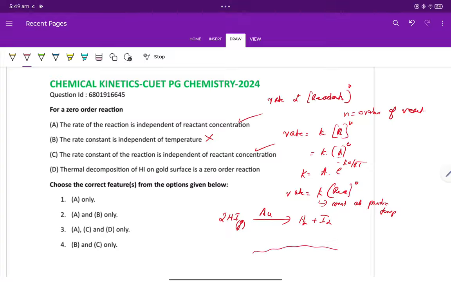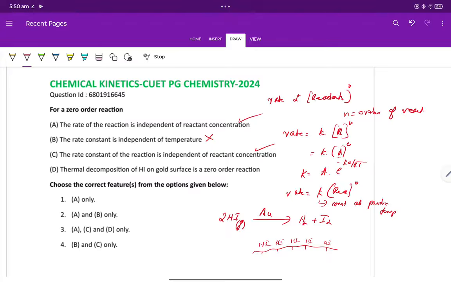So if you take the gold surface, there will be active sites like this, and on all the active sites, this HI molecule can come and get adsorbed, and the reaction is from the adsorbed HI molecule. So what is happening is, if all the vacancies are filled with HI, the reaction occurs from the surface and it appears that this is a zero order reaction.